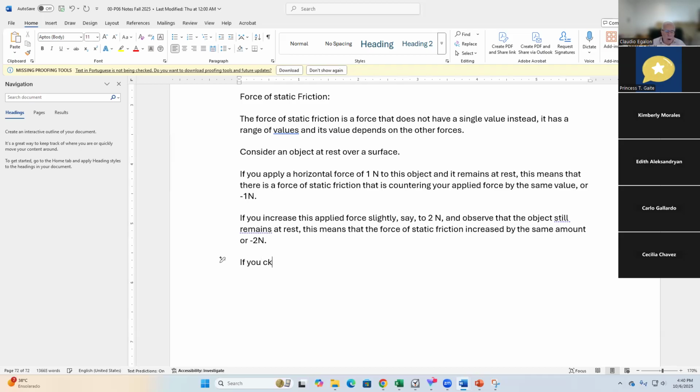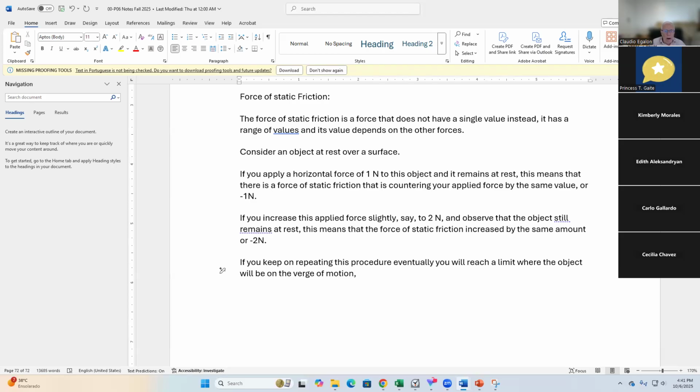If you keep on repeating this procedure, eventually you will reach a limit where the object will be on the verge of motion.